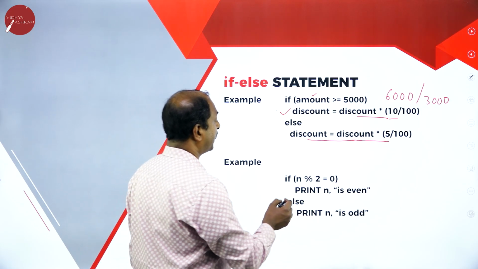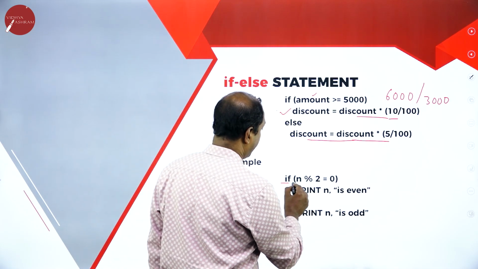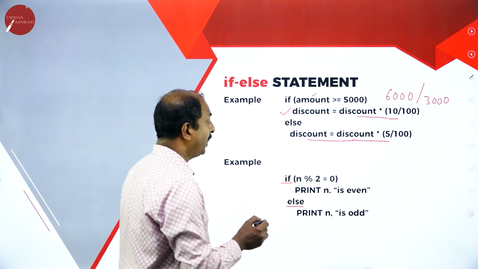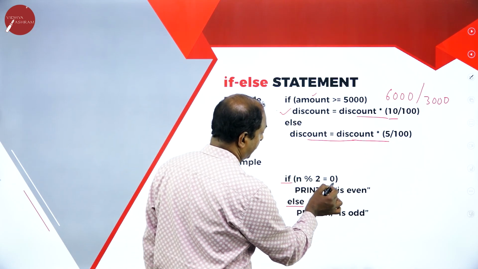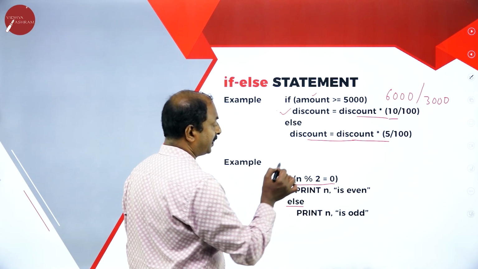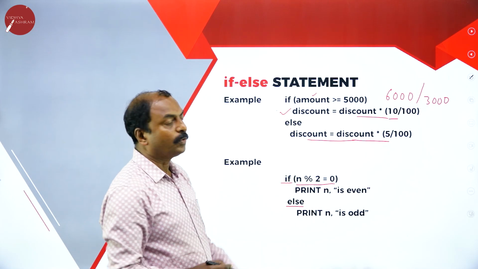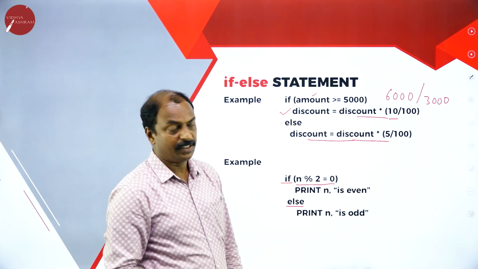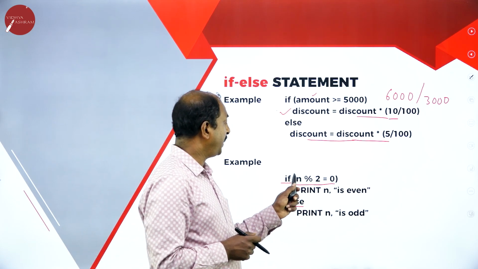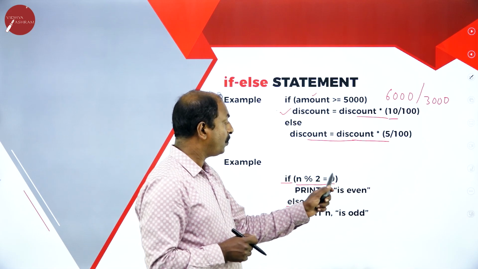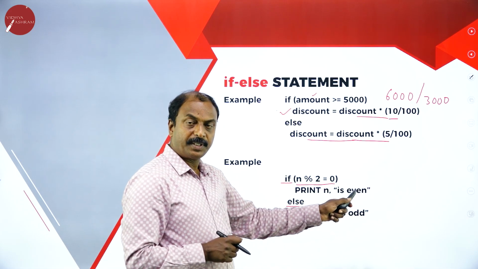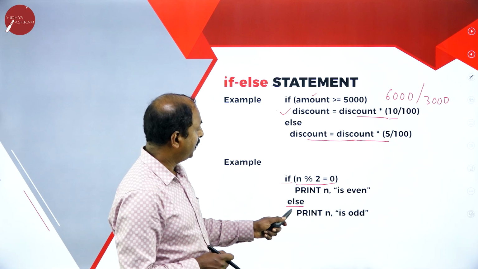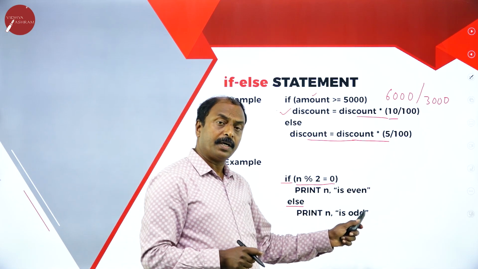This is the condition, and we are using an if else statement here. We use the percentage symbol, which is called the modulus operator. It gives the remainder of any division. So the condition: if n % 2 equals 0, it prints n is even number, else it prints n is odd number.